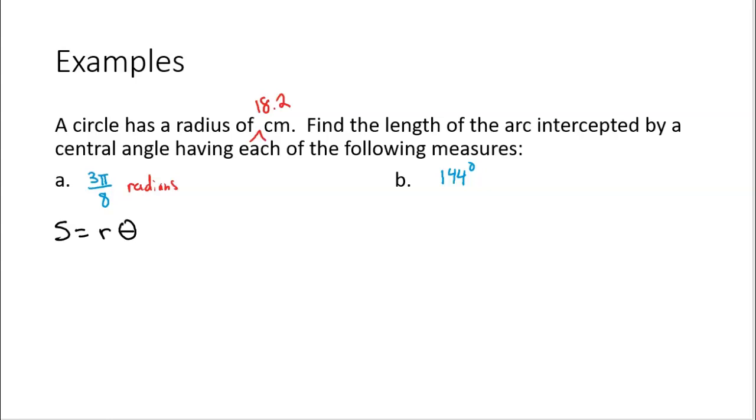I am given the radius as 18.2, so I'm going to type in 18.2 right here for centimeters. My theta is in radians, and remember, our equation is always in radians, so I don't have to do anything. I just get 3 pi over 8, and this will equal my arc length.